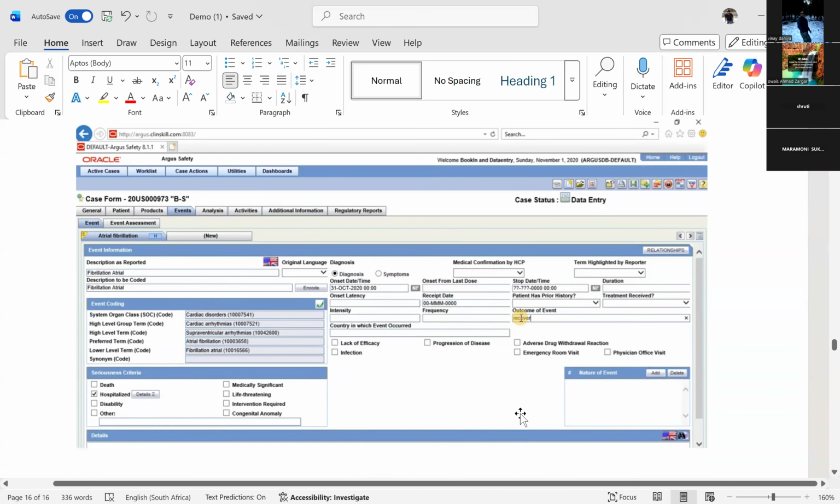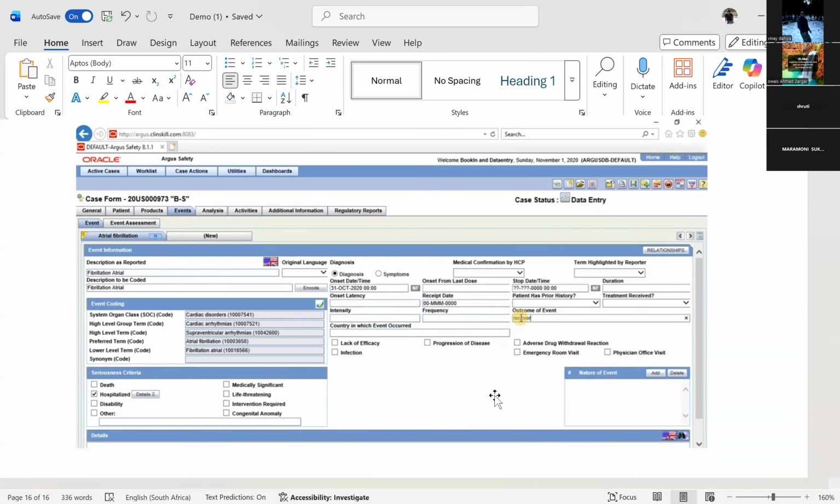So these null flavors are important to be entered, and entered correctly. So the task for you all is to read what null flavors are and how they are implemented by the different regulatory authorities.